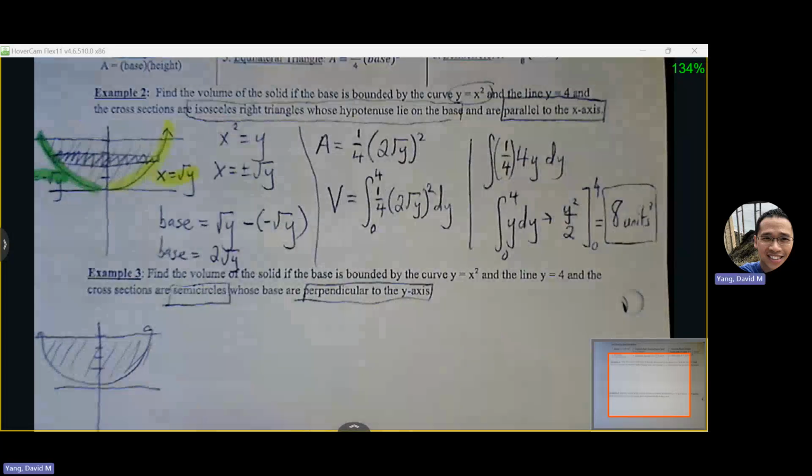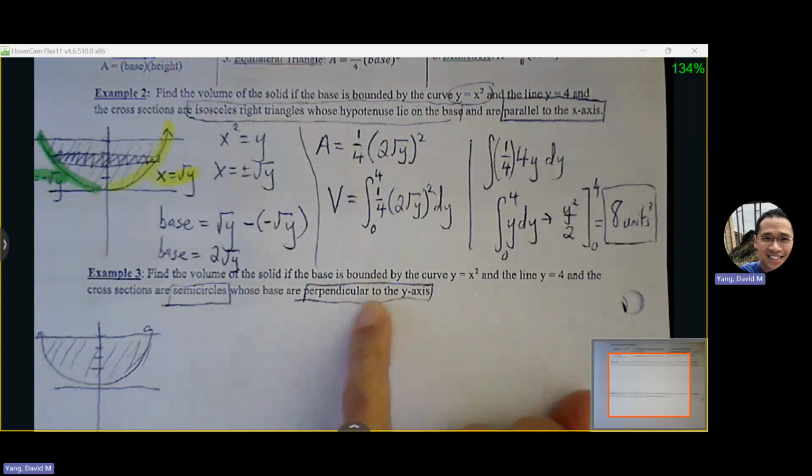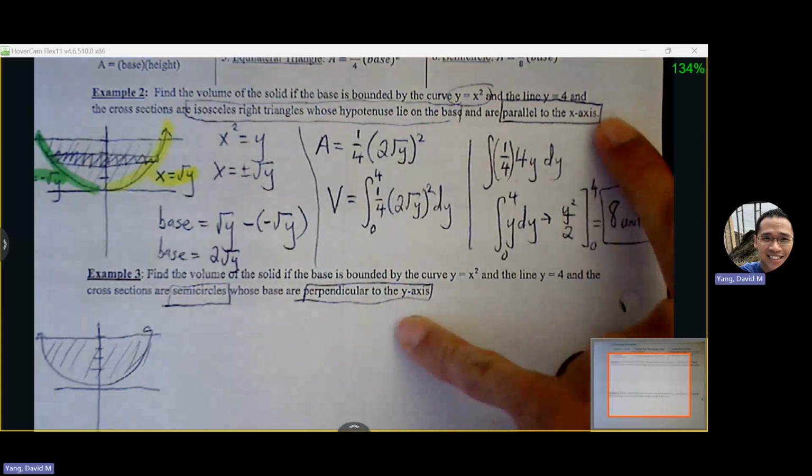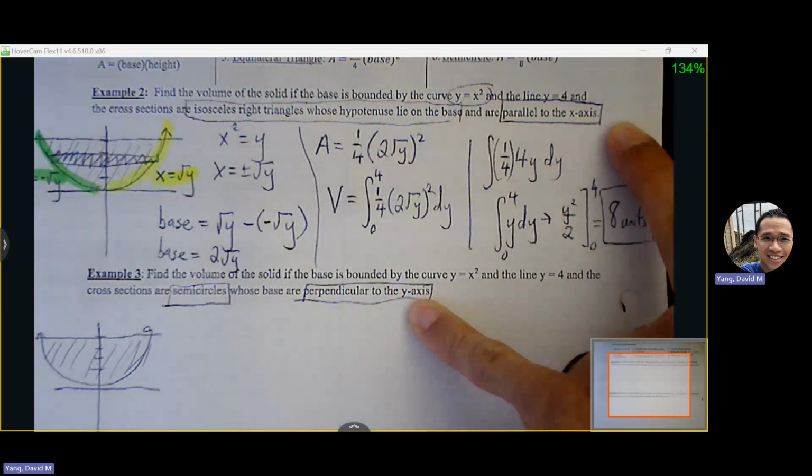But this time, look at the wording here, perpendicular to the y-axis. Which direction is that? Still horizontal. So same orientation, but different ways of saying it, right?